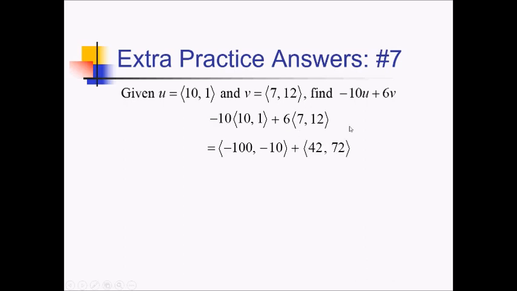And now let me just add the x's and the y's separately. So we have negative 100 plus 42, comma, negative 10 plus 72. Negative 100 plus 42, that's going to be negative 58. And then we'll have comma, this will be 62.